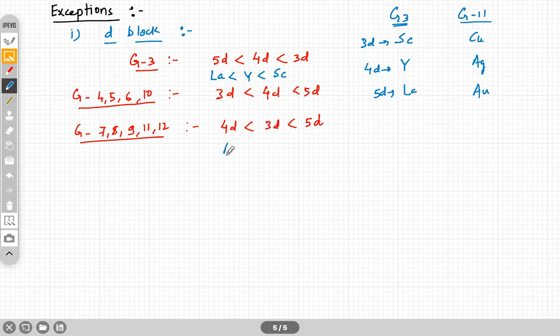So Ag is minimum, then we have 3D, so it is copper, and then we have Au. Clear?